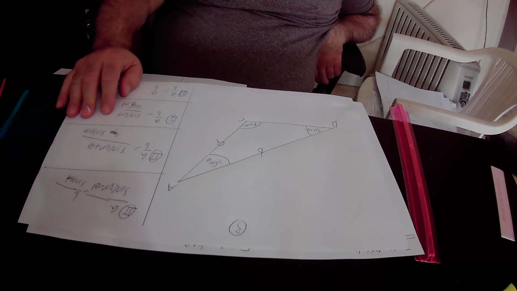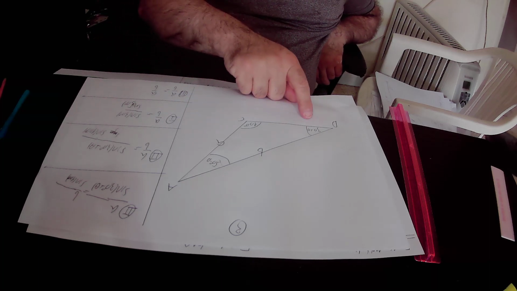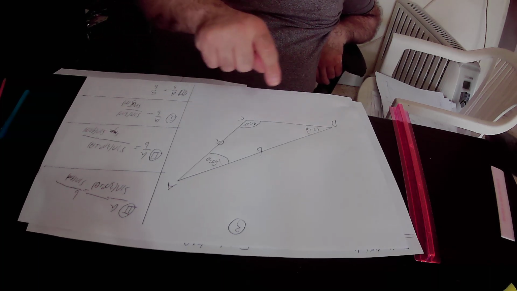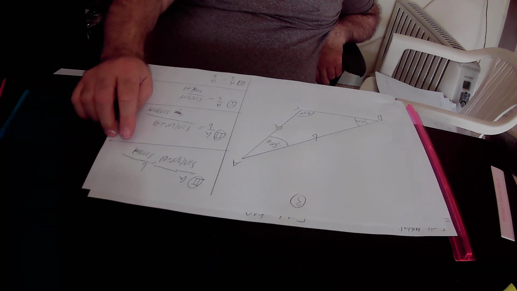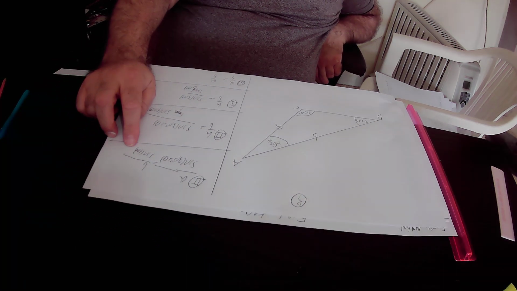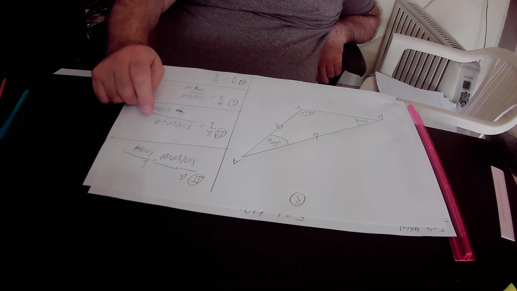According to the law of sines, we will get that a over sine 30 degrees plus theta will be equal to b over sine 100 degrees. Here we divided this equation by b and then we multiplied by sine 30 degrees plus theta and we got that a over b equals sine 30 degrees plus theta over sine 100 degrees.